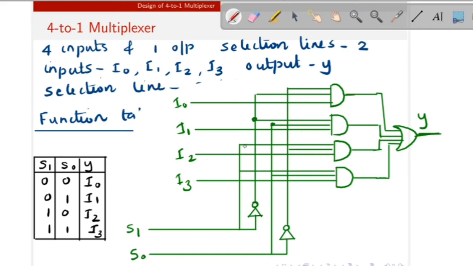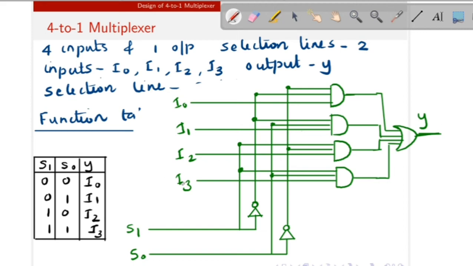Then I2, S1 is equal to 1 and S0 is equal to 0. Then S1 is equal to 1 and S0 is equal to 1, then it generates I3. Right? So this is the logic diagram for the 4-to-1 multiplexer.